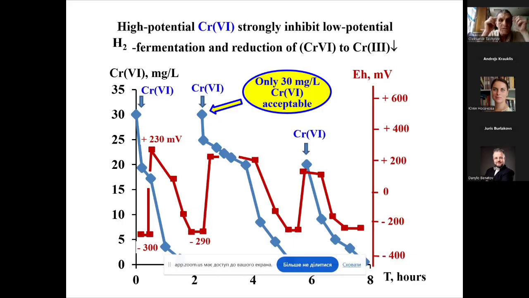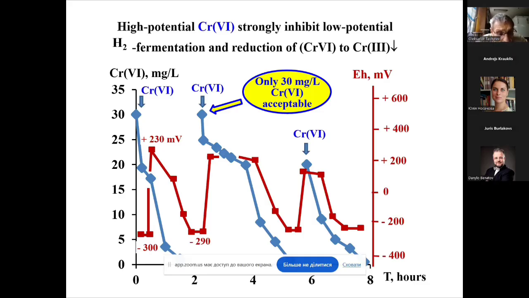The normal and effective growth of obligate anaerobic microorganisms needs very low redox potential, minus 400 millivolts, and the addition of chromium 6, marked by blue color, leads to a jump, increasing the redox potential to the positive zone from minus 300 millivolts to plus 230 millivolts.